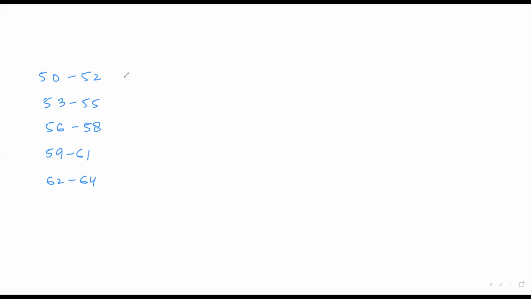Now what we do is we subtract 0.5 from the first number and we add 0.5 to the next number to make it continuous. So this will be 49.5 to 52.5. And similarly, this is 52.5 to 55.5. Then this will be 55.5 to 58.5.